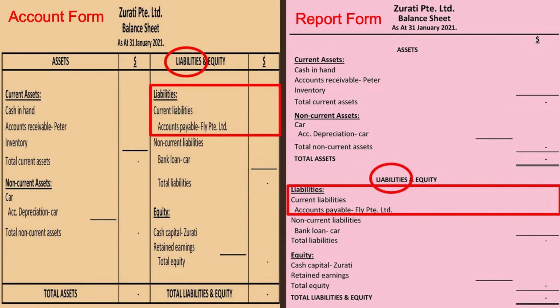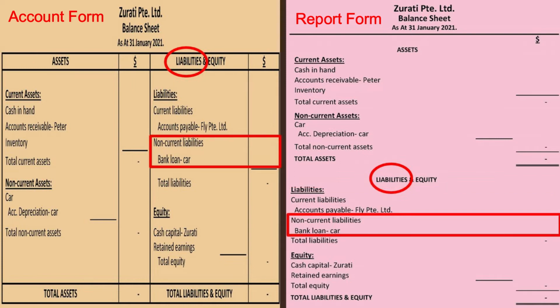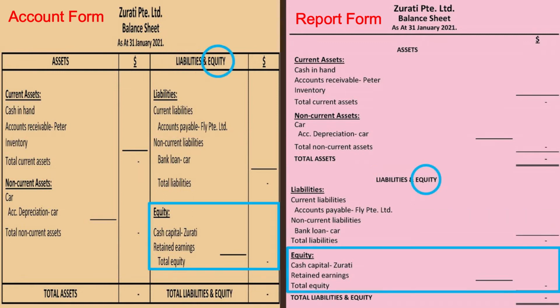For example, accounts payable, interest payable, wages payable, customer prepayments. Long-term liabilities are the money that is due at any point after 1 year. For example, bank loan.